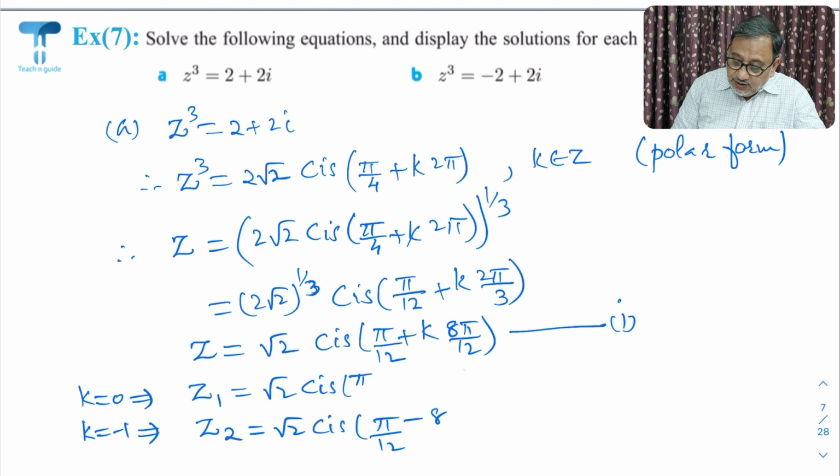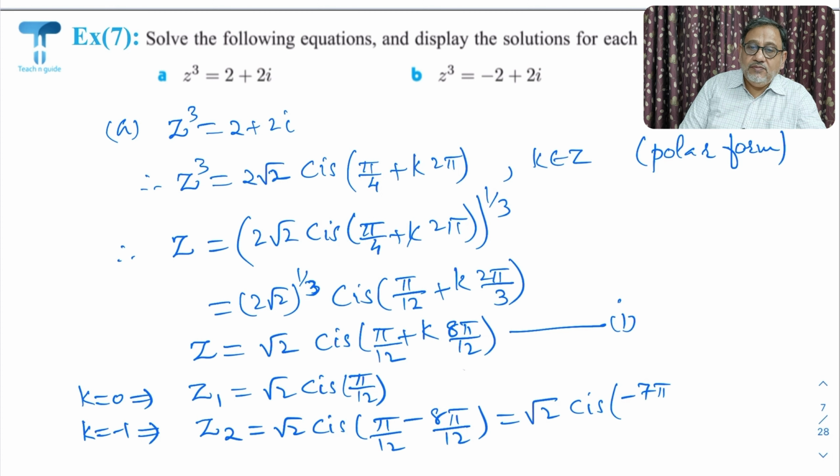So it should be pi by 12 first. Then pi by 12 minus 8 pi by 12, which is going to give me root 2 cis of 1 minus 8, minus 7 pi by 12. Right? Minus 7 pi by 12.